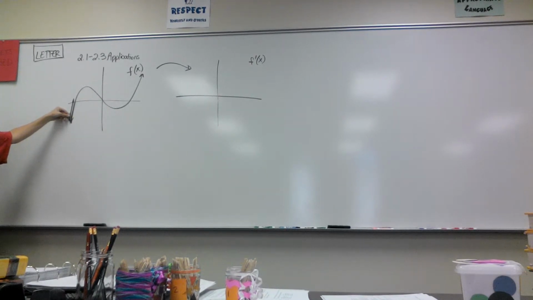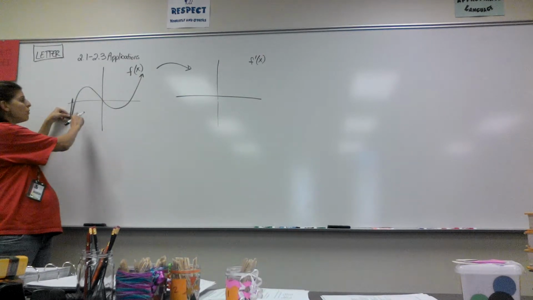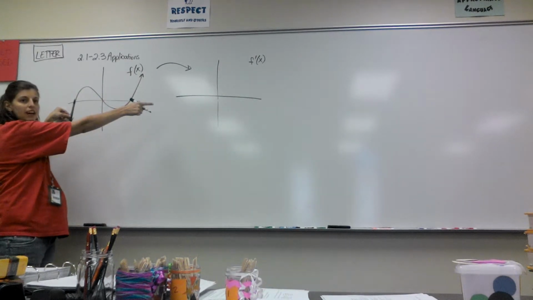However, what is the slope like here? Increasing. The slope is positive. The graph is increasing, I should say. So because the slope is positive here, I should be at a positive height over there.